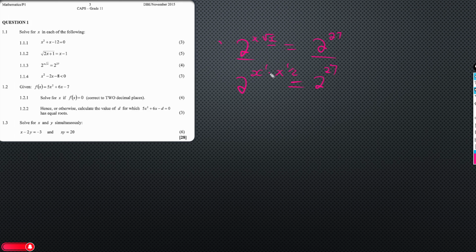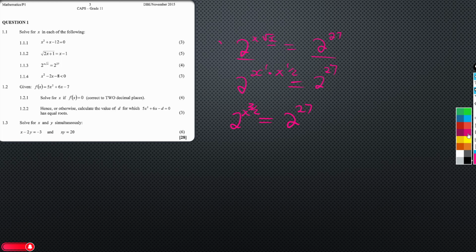When we have the same base multiplied, we add the exponents. So 2 to the exponent 1 plus 1 over 2 will give us 3 over 2, which is equal to 2 to the exponent 27.